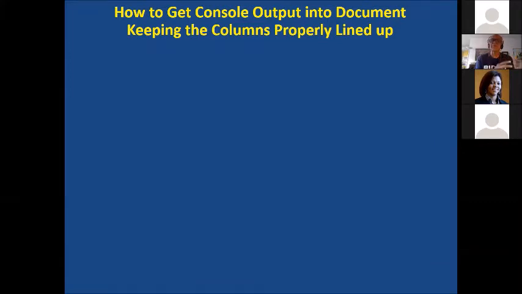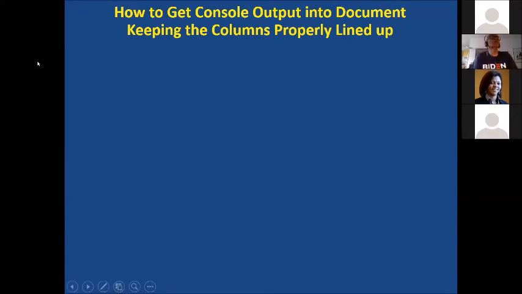And so when you copy and paste that into Word, it remains in fixed font. People generally don't find fixed fonts nice to read, nice to look at. So if you want to use a standard variable font like Times Roman or Calibri, Arial, it won't look lined up.